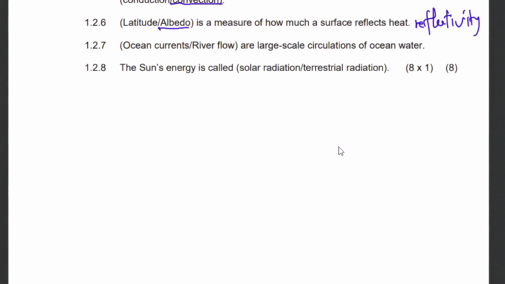Shiny surfaces have high albedo, which means they are able to reflect heat. Glass surfaces have high albedo, which means they don't absorb heat and they tend to reflect. White painted surfaces have high albedo. So that is reflectivity, that is albedo.